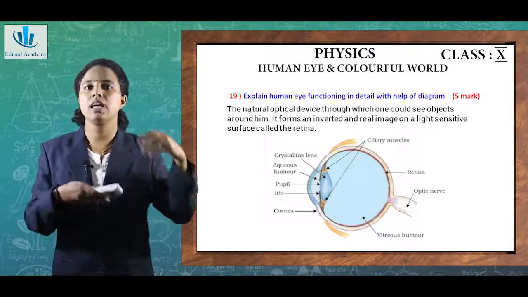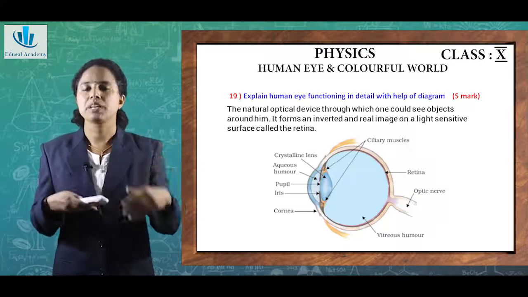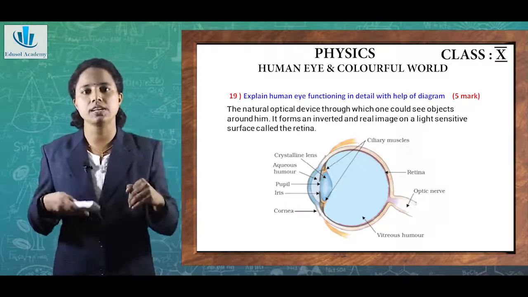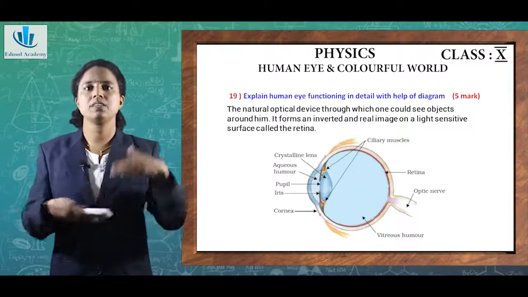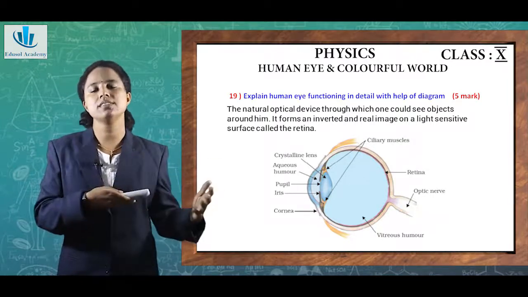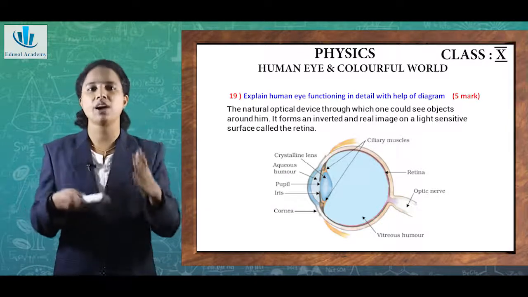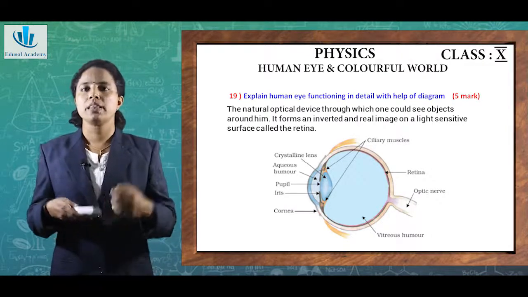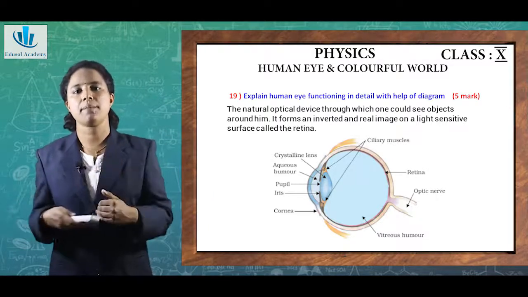So finally the images are formed, and when they reach the retina, they are inverted. To see nearby as well as distant objects, ciliary muscles modify the curvature, which leads to a change in focal length also. So the parallel rays coming to the eyes finally get focused on the retina.